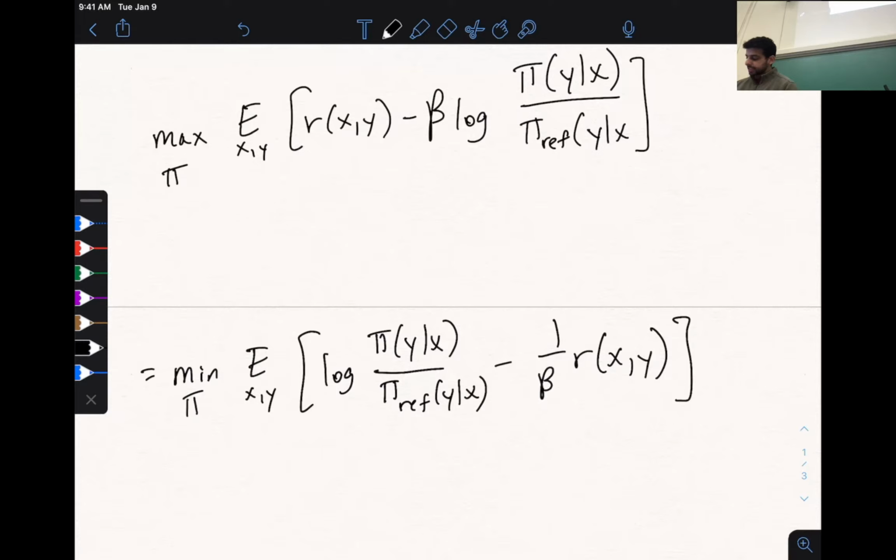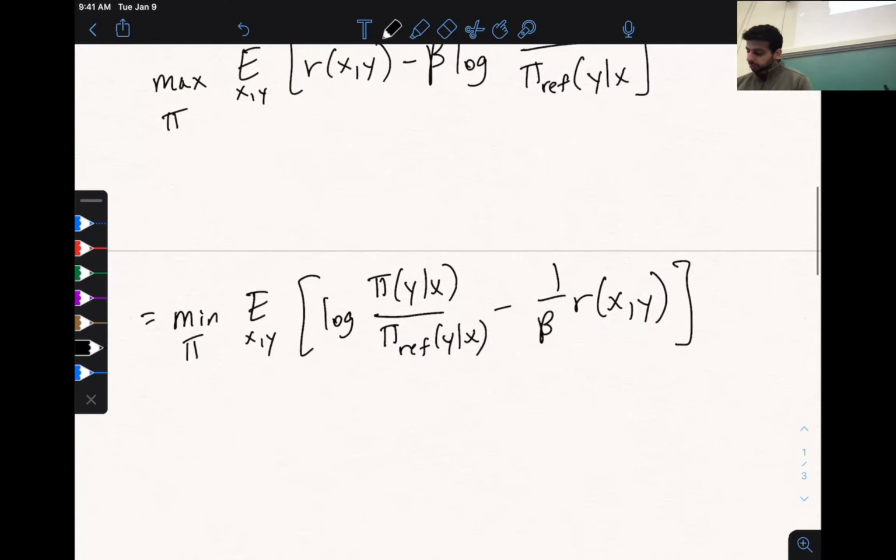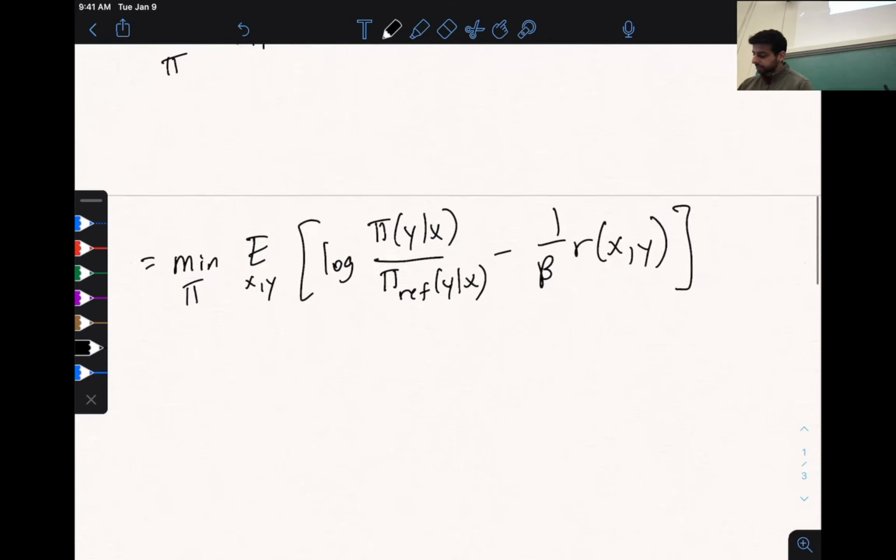So now we have this expression, and the key insight here is that they are going to introduce this policy that is a function of the reference policy, the SFT model, as well as the KL modulated reward term, so this 1 over beta times r(x,y).